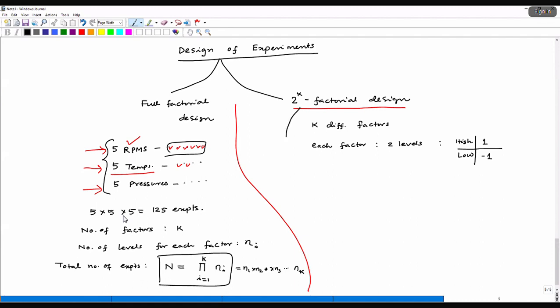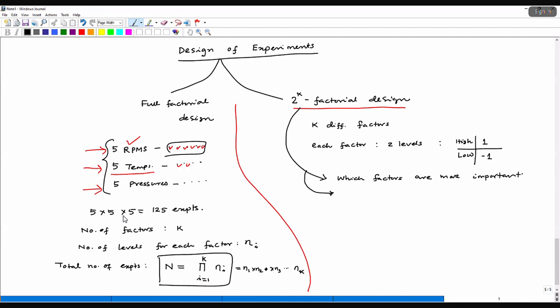Now this 2 to the power k factorial design will help you in determining which factors are more important so that you can reduce the number of experiments.